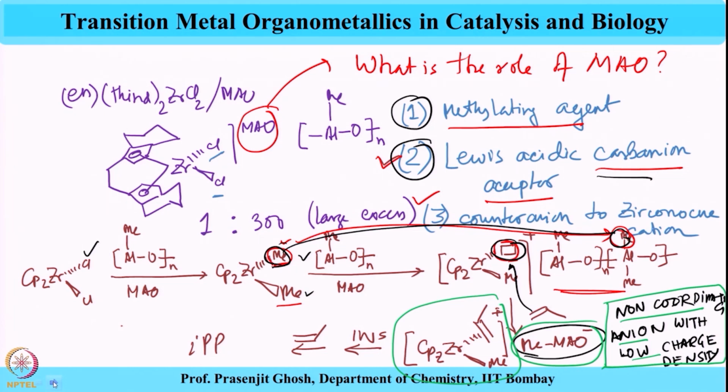So, this shows how understanding the structure activity relationship helps in improving the catalyst, and this was done by Tobin Marks, professor at Northwestern University, who used a non-coordinating anion to develop this zirconium species, which is extremely active.